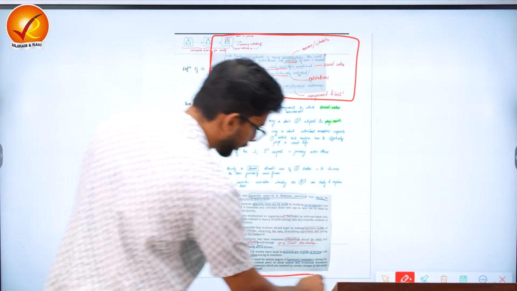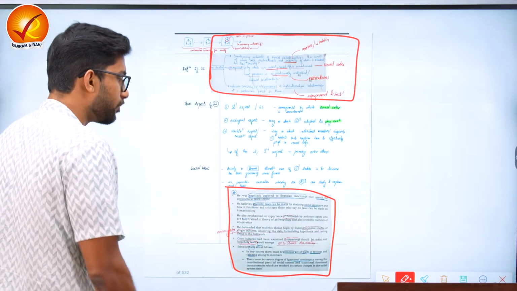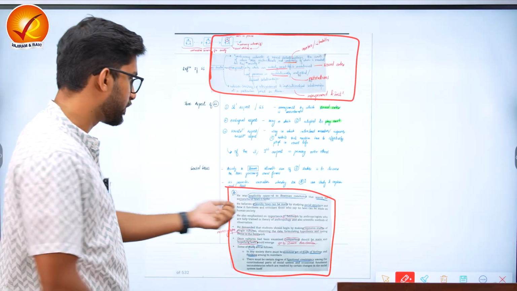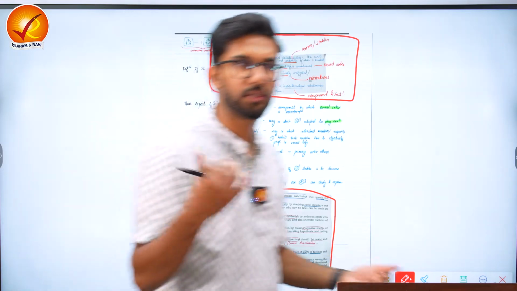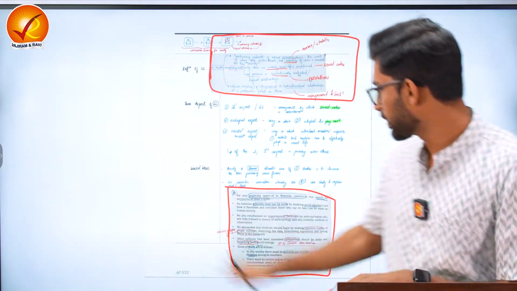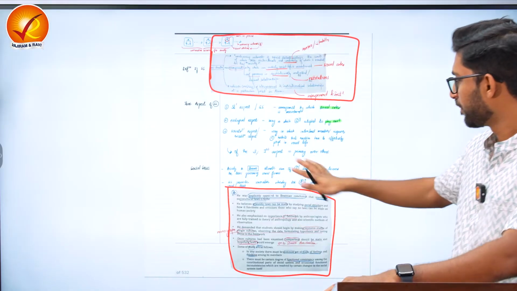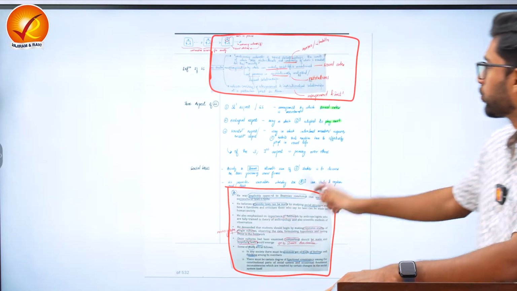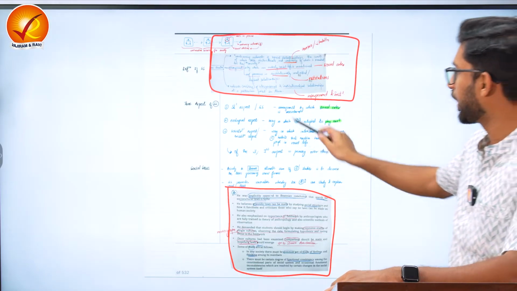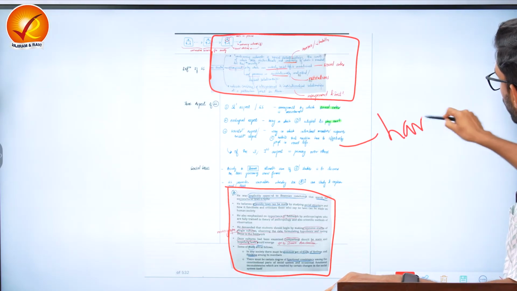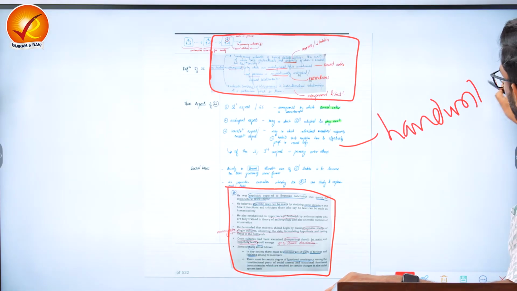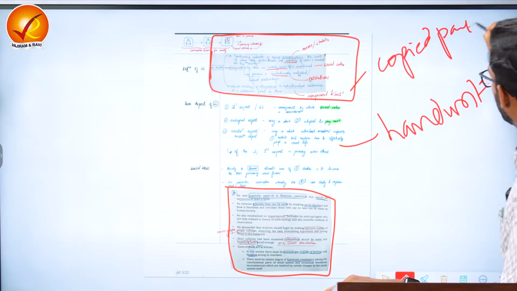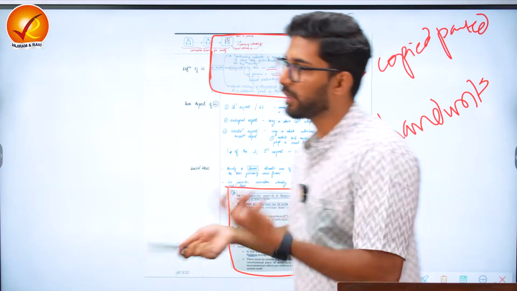Similarly, I think this is something Karthik sir himself has made. Karthik sir is in Vajiram. He has this brain tree material, and I took a photo of that material and pasted it here. So I hand wrote something, and I also copied and pasted. This was my way of note making.